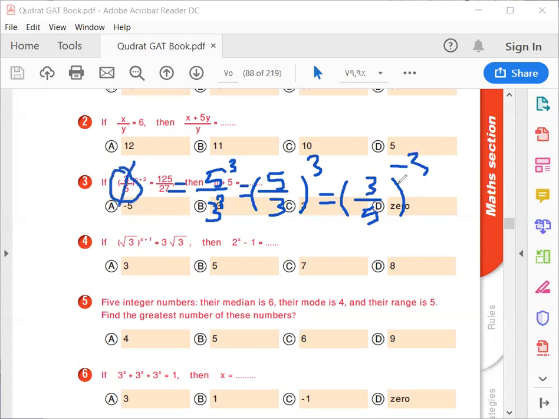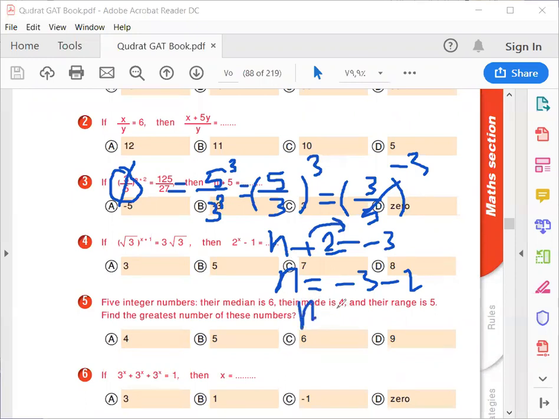Then you can simplify it. Then the powers are the same, the exponents are the same. So we write n plus 2 equals minus 3. Now we can find n. Then n equals minus 3 minus 2, because plus 2 goes to the other side and changes sign.